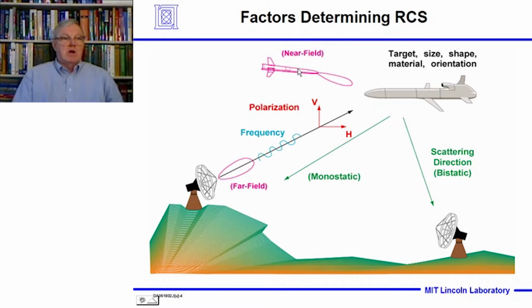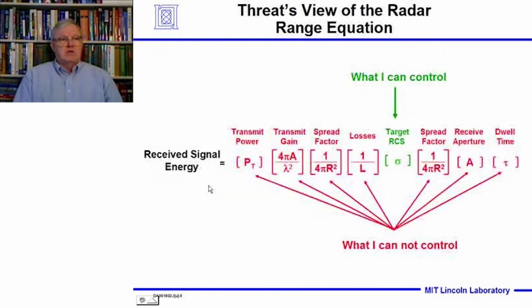But when the target is near the radar, as it could be a missile that had a radar seeker in its nose, when that missile got up close to the target, it would be in what we call the near field. And the cross-section in the near field is different because the electric fields that are seen are different, because the target will see electric fields from different angles of the antenna, where they'll all appear to come from one point if it's very far away. So there's an awful lot of different factors that determine what make up the radar cross-section.